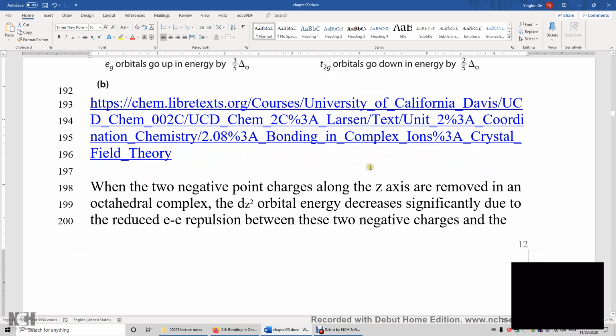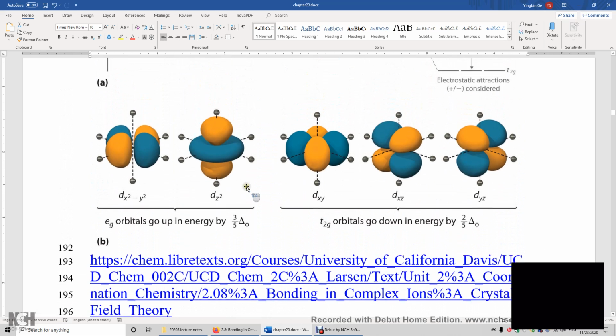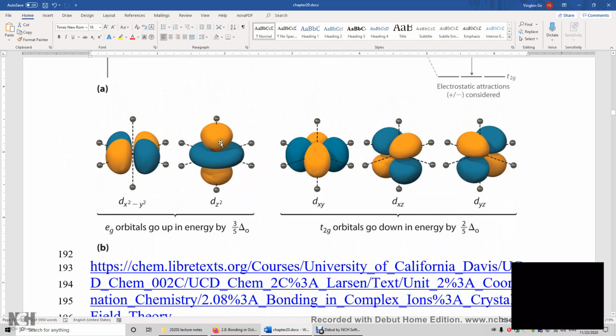Now we're going to remove two negative point charges. I will remove this one and this one. How does that affect the energy of this dz squared orbital? Well, very simple. Removing these two negative charges will significantly reduce the repulsion this orbital feels. That means removing these two negative charges will dramatically reduce the dz squared orbital energy.